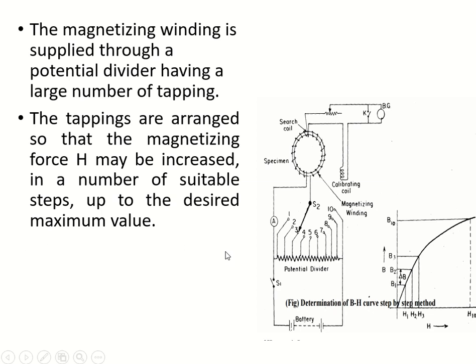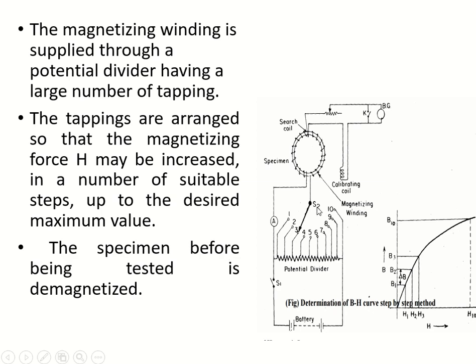Initially, suppose you connect switch S2 in one position, what will be the circuit path? Switch S1 is also closed, then from the battery the current will flow through all these resistances to the other end of the winding.